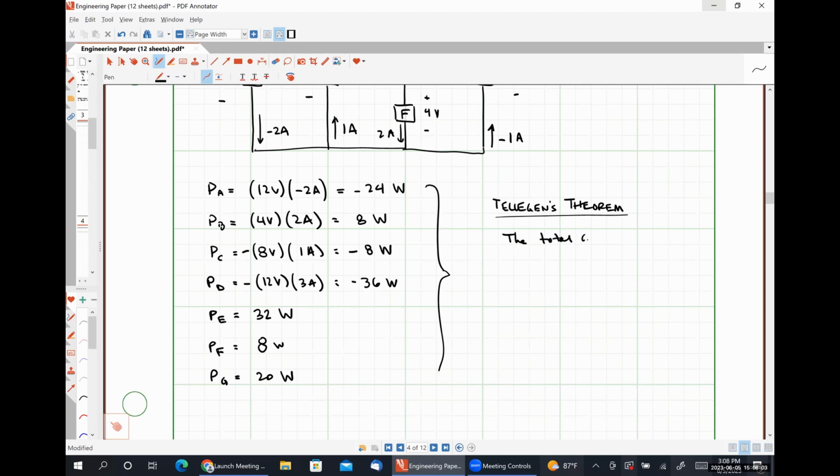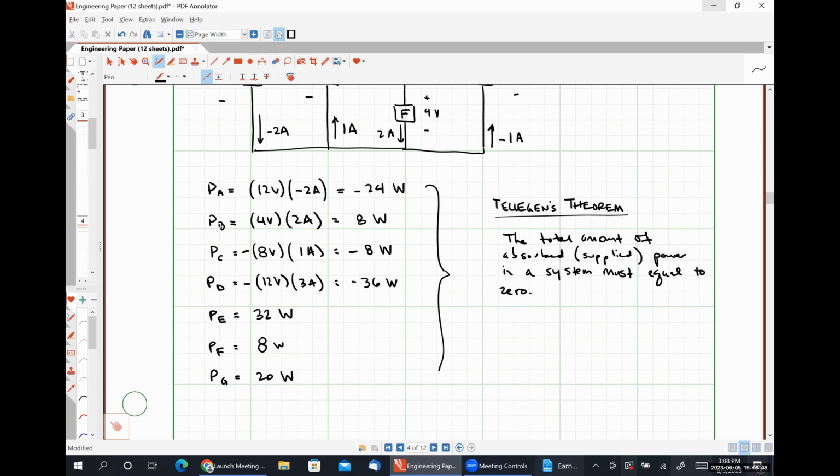the total amount of absorbed power, I'm going to put in parentheses here, we could also write it as supplied, because to get supplied power, we would simply multiply every one of our numbers by a factor of -1. The total amount of absorbed or supplied power in a system must equal 0.